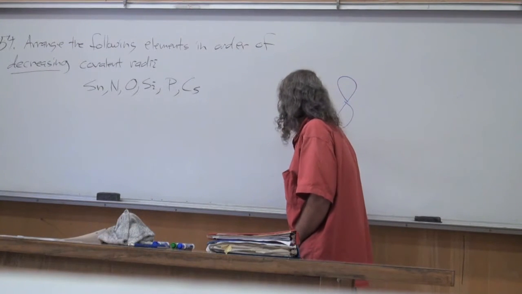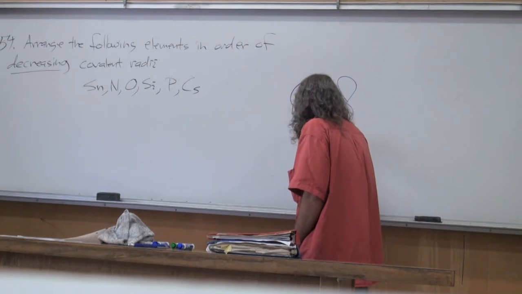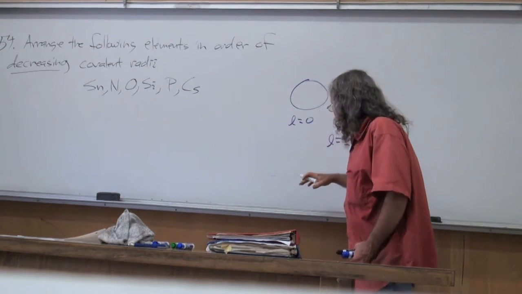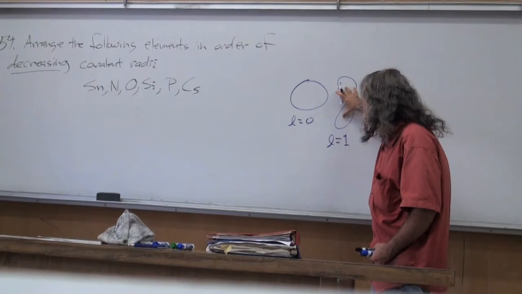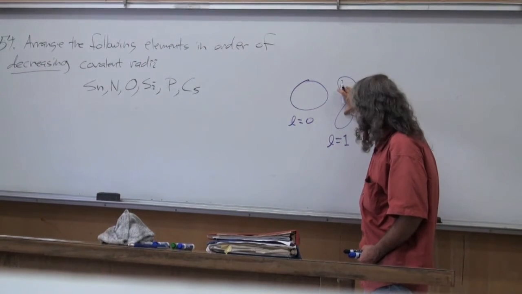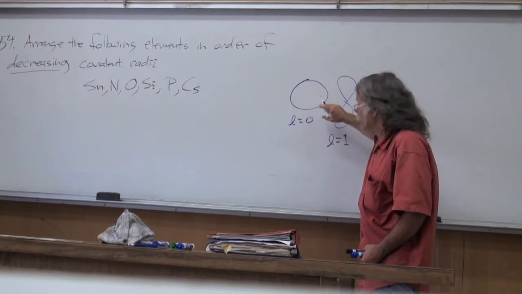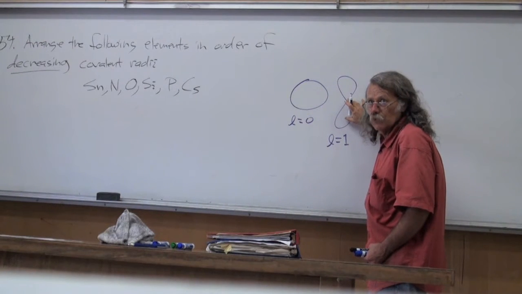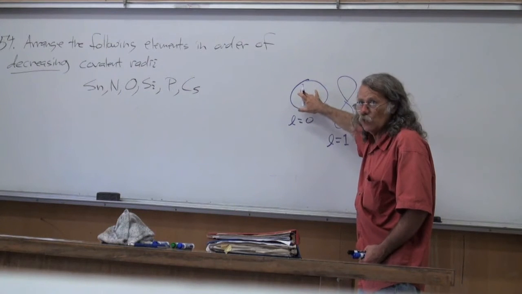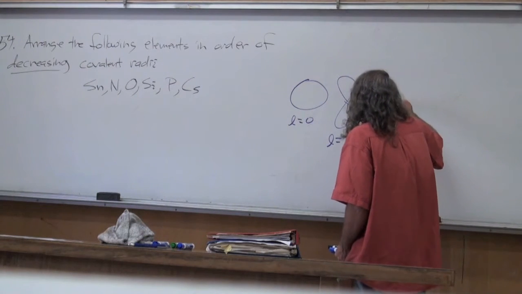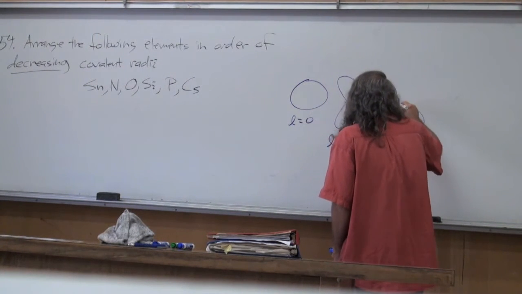L equals 1 for the orbital angular momentum. I have some sort of dumbbell shape. Now, this has less electron density near the nucleus, actually none at the nucleus, and so the electron density is further away than in an s orbital. And then we get to the d orbitals, which have generally a cloverleaf shape.